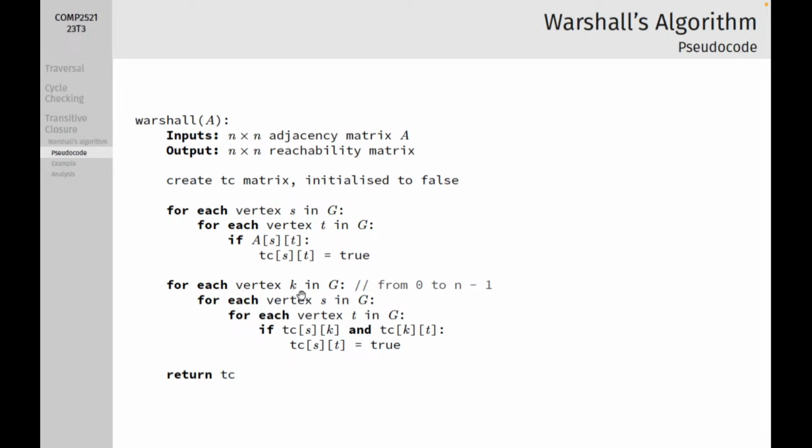And now what we do is we loop through all our vertices. We have 3 nested loops here.